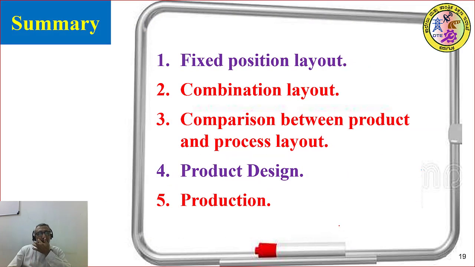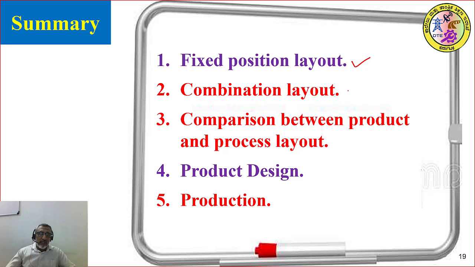Let's make a final summary of what we discussed in today's class. First, we discussed the fixed position layout, where the main work component remains in one position and all the resources, the machines, men and materials, are moved to the location.